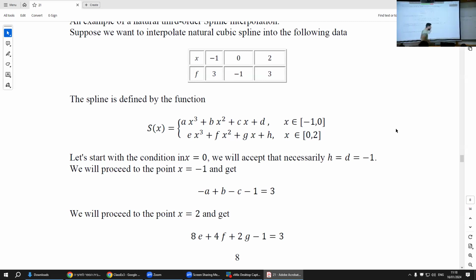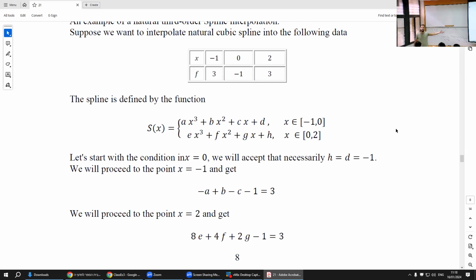First of all, we want S1 at -1 to be 3, and at 0 it will be -1. And also we want S2 at 0 to be -1, and S2 at 2 to be 3. So these are 4 conditions.